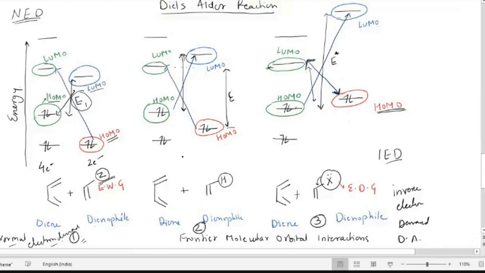So this you can consider as neutral. Okay, the rate of reaction also depends on this, but there are other factors also on which the rate of reaction in Diels-Alder reaction depends. So some reactions are normal electron demand, as case number 1. Case number 3 is inverse electron demand Diels-Alder reaction, and the second one is neutral. Okay, so this is a brief discussion about Diels-Alder reaction using frontier molecular orbitals. Is that clear?